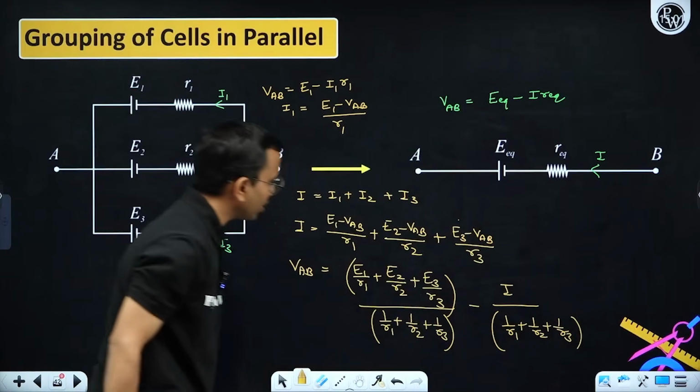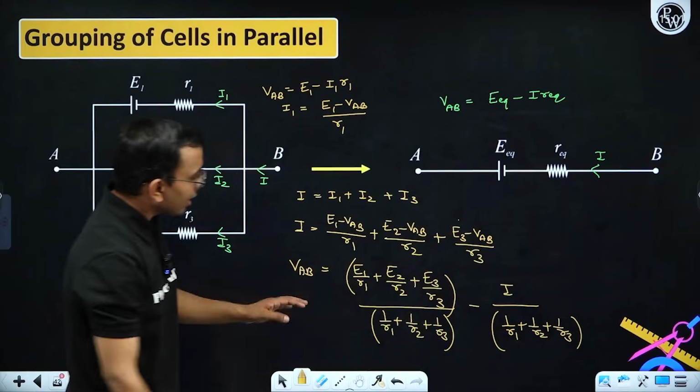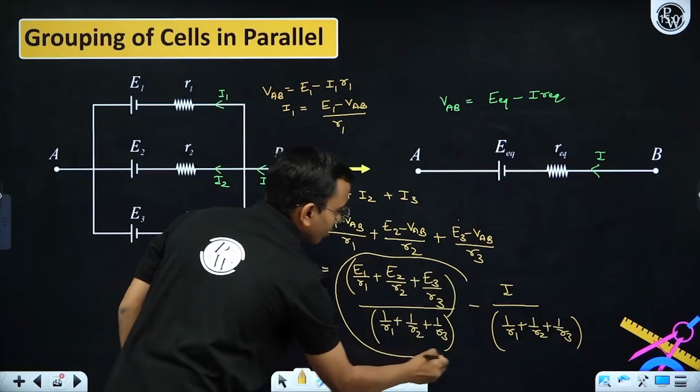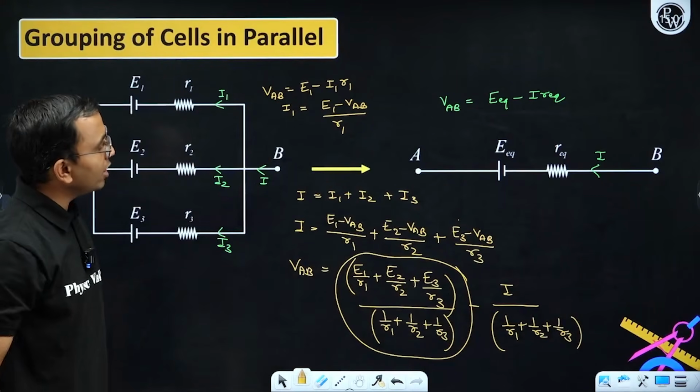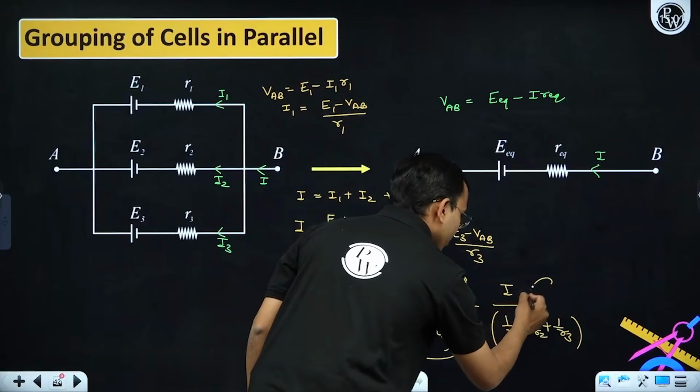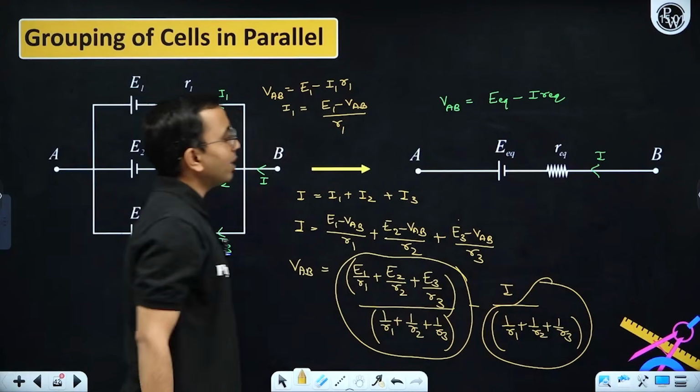So this whole expression is becoming like this. So I can say this is my E equivalent, and 1 by this will become my R equivalent.